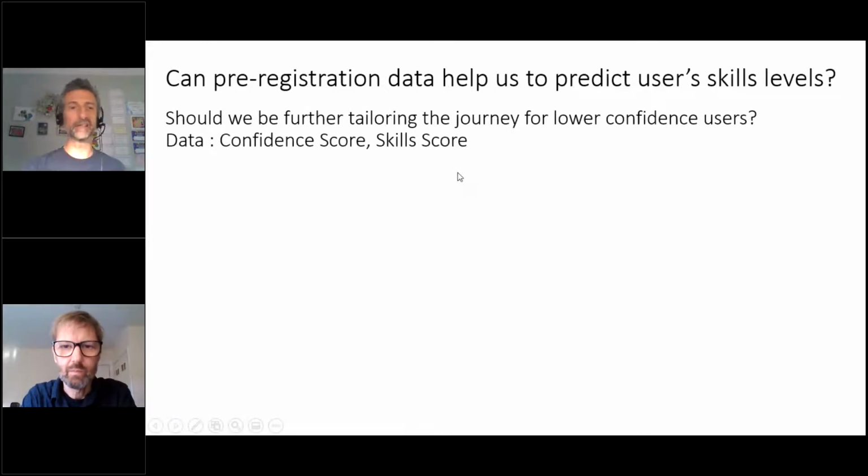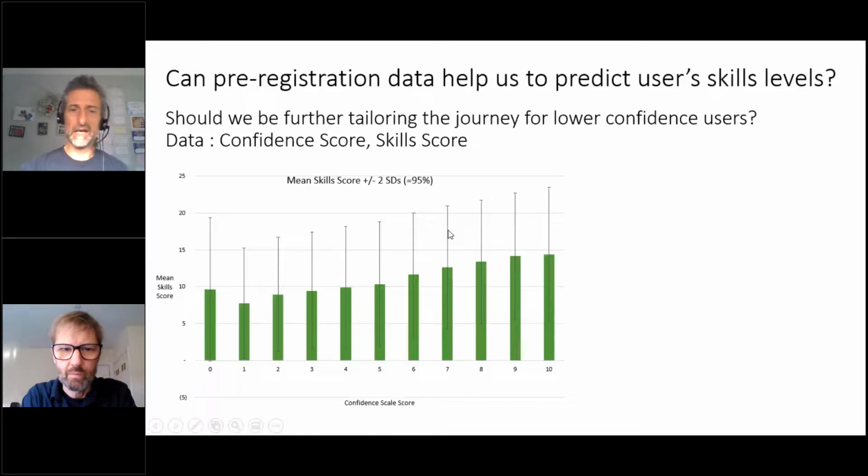It's quite a simple collection now. It's confidence score and skills score. We have all of that. And here, this graph tells us about the average skill score for each confidence scale score. So we can see if you score a confidence scale of 10, your average skill score will be something around 14.